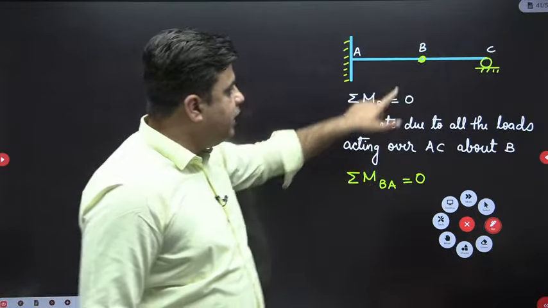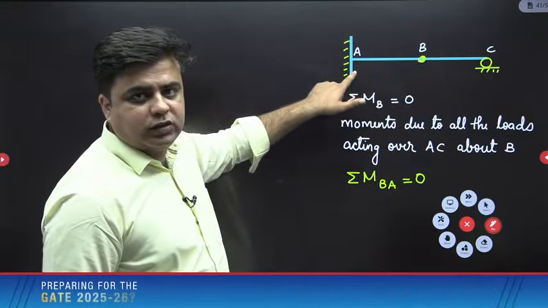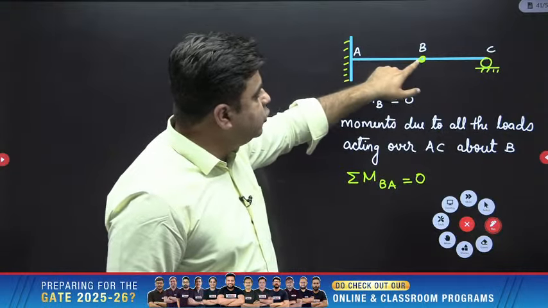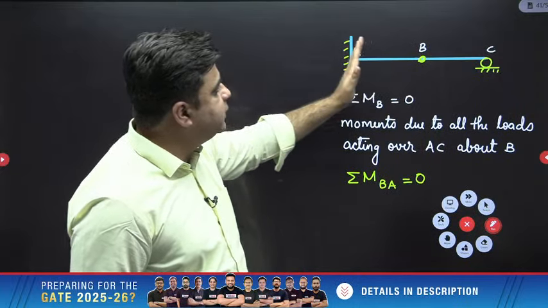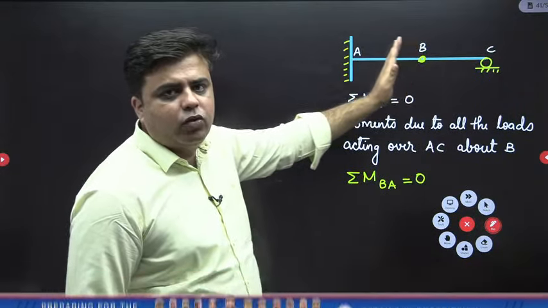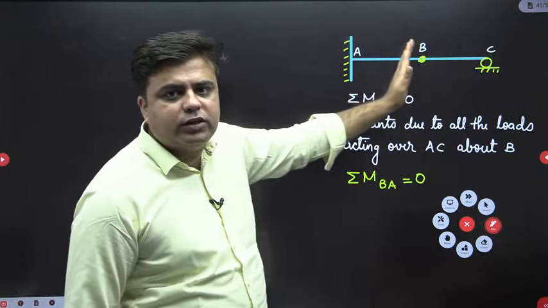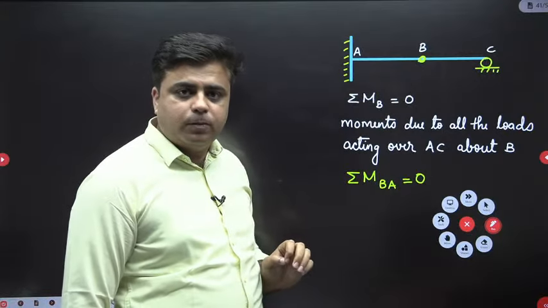This we can only write when we have an internal hinge. So we need to stand at this internal hinge, observe only this portion AB, and write the summation of moment on this portion AB equal to 0.